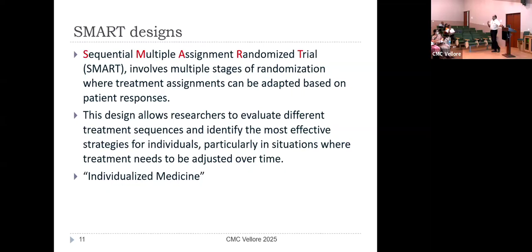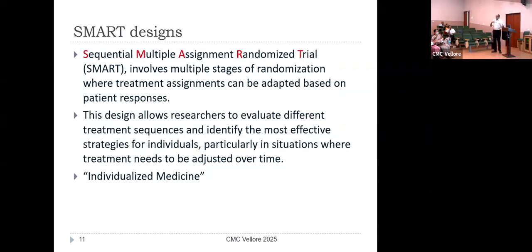And the person serves as their own control. There's no randomization, so for me, these are quasi-experimental designs. You're not randomizing them, so that you are assigning new treatments or not to them. But you evaluate different treatment sequences and identify the most effective strategies for an individual.